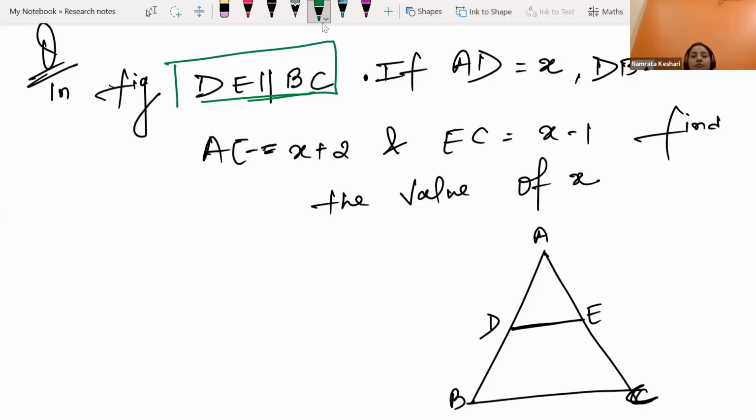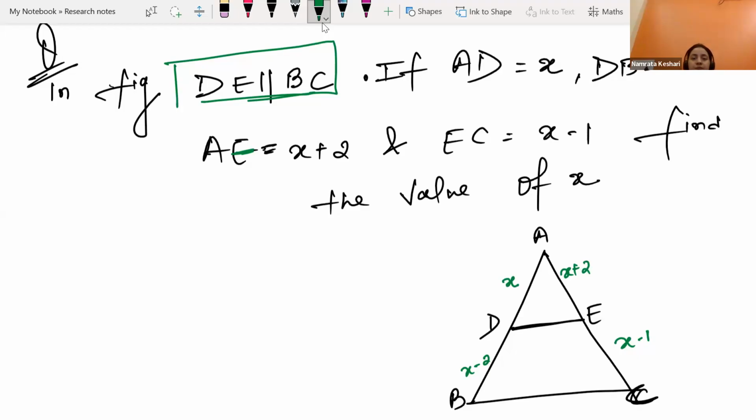Okay, if AD is x, DB is x minus 2, AE is x plus 2, and EC is x minus 1. Then find x.